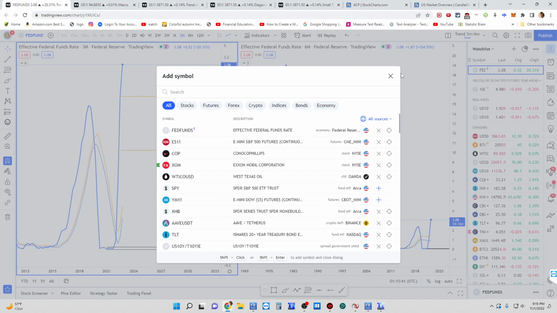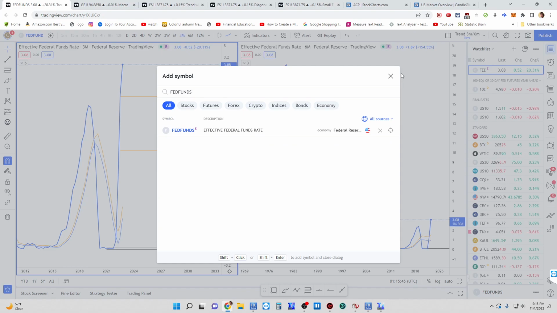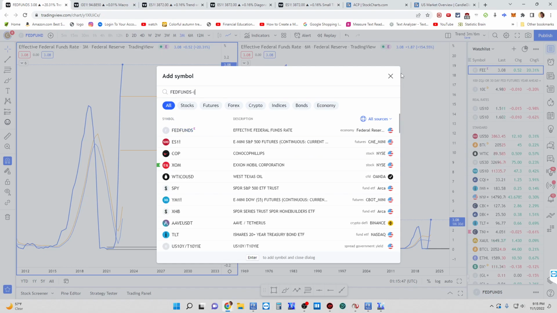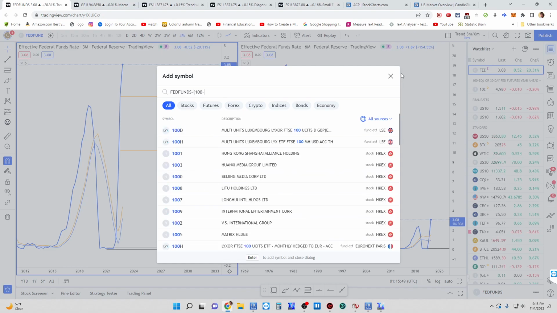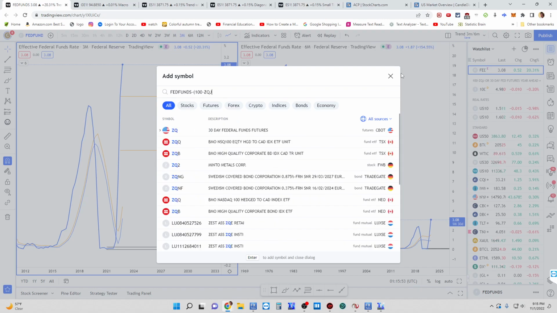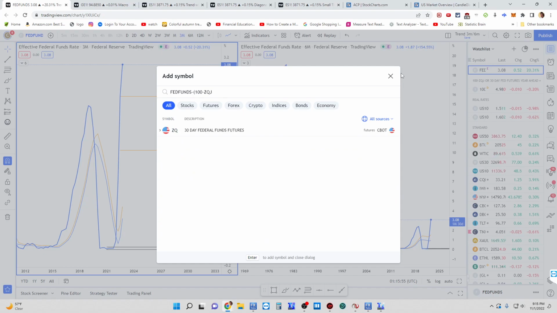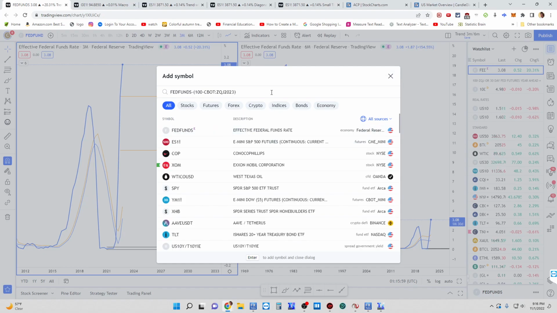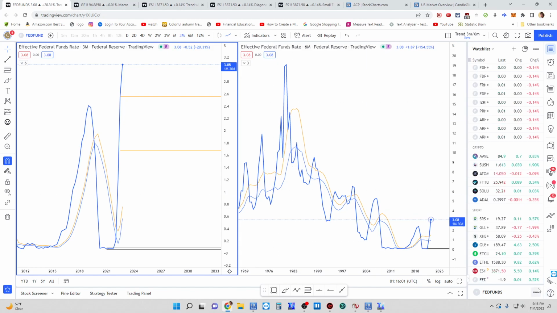We're going to do this minus bracket 100 minus ZQJ. There we go. And then end bracket. And we'll pull that all the way up.